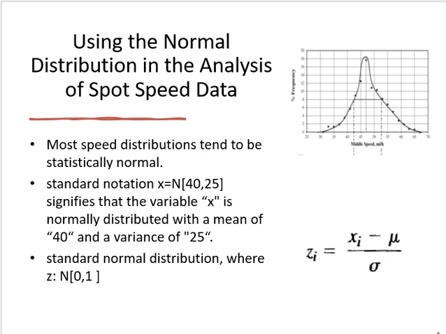This X has a mean of 40 and a variance of 25. The letter N indicates normal distribution, and the numbers inside the brackets are mean and variance. Now mean we already know, we have calculated it. Variance is the square of the standard deviation.